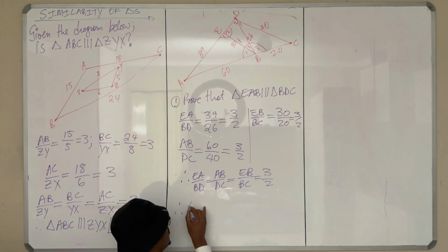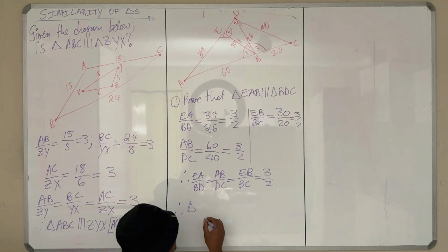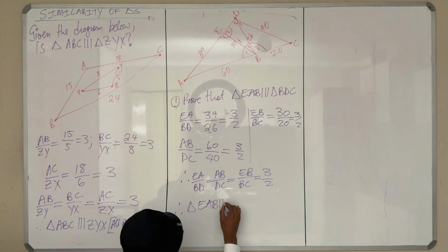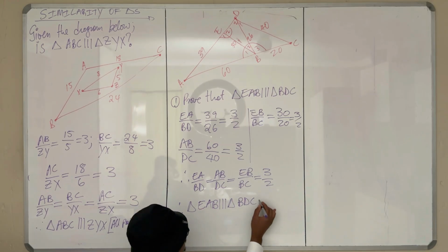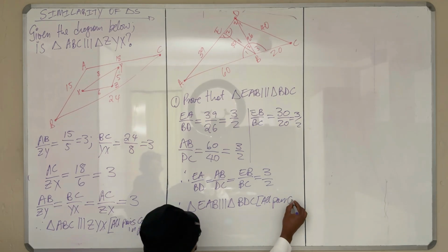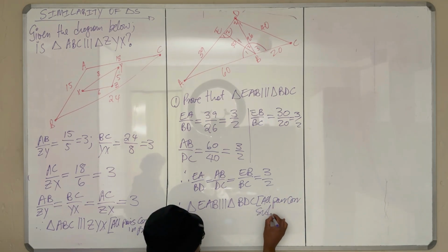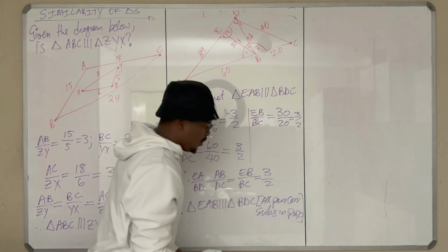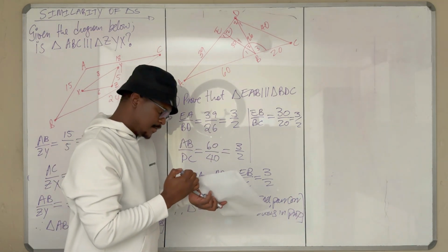Therefore, triangle EAB is similar to triangle BDC. What is the reason? All pairs of corresponding sides are in proportion. Are you happy? Yes. We're done here.